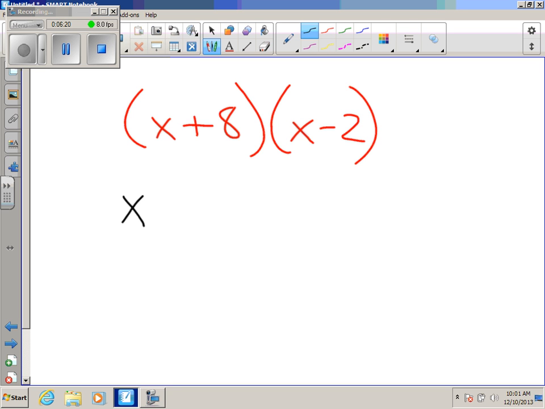X times x is what? Outer. Inner. Last. Like terms, negative 2x, positive 8x.